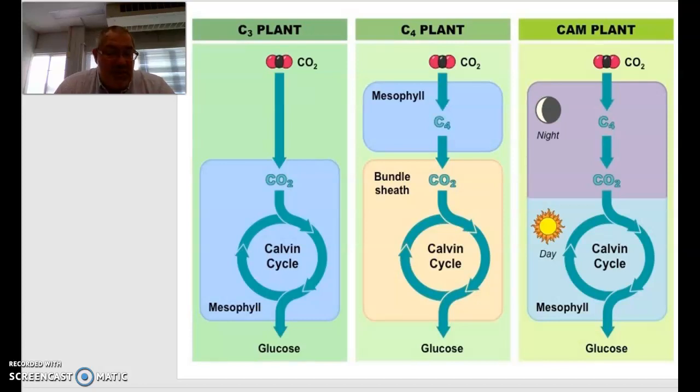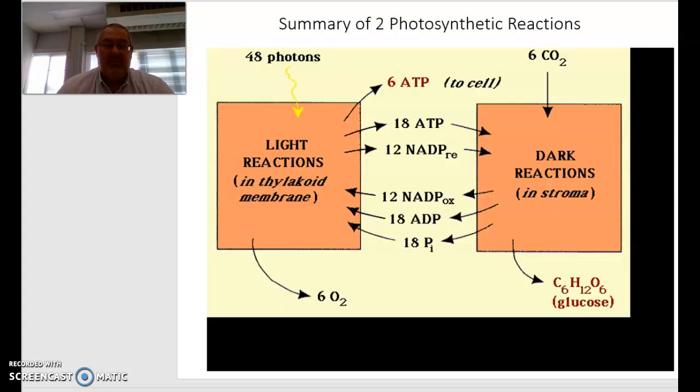They are more efficient at producing sugars, and I really don't have time to talk about them all that much just for the sake of getting through this presentation. My suggestion is look at the videos and look at your textbook that goes over what C3 versus C4 plants are.